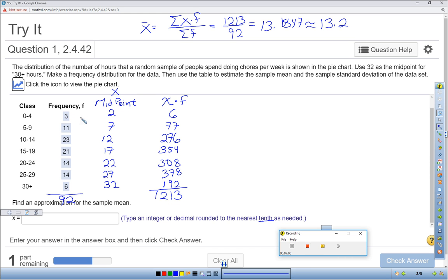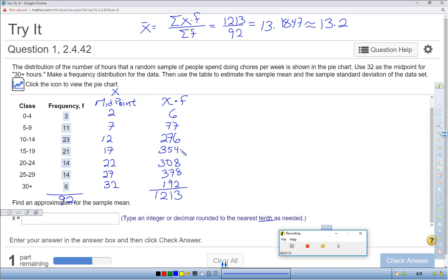So the midpoints here are 2, yes, 7, 12, 17, 22, 27, 32. Now multiply the x by the frequency: 2 times 3 is 6, 7 times 11, 77. Let me check this number. 23 times 12, 276, correct. Next one is 21 times 17, 357. Oh, this is 357.